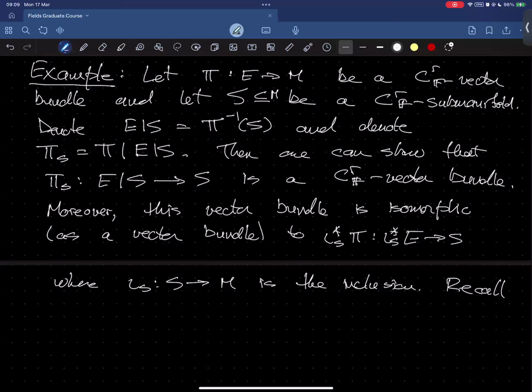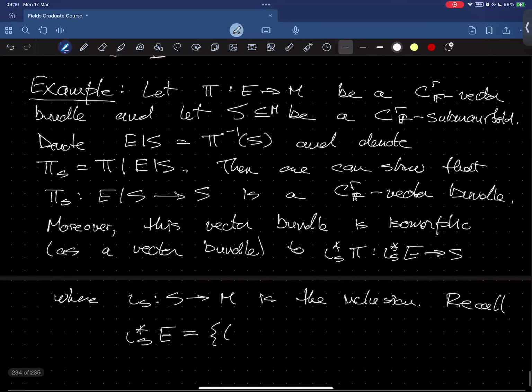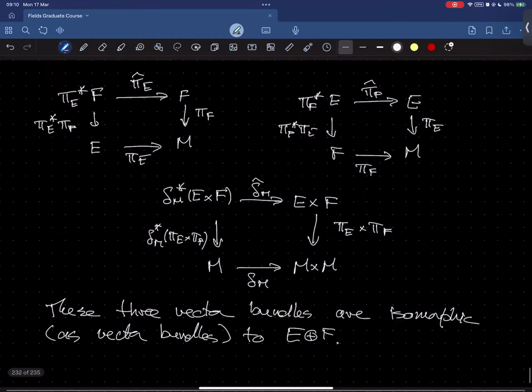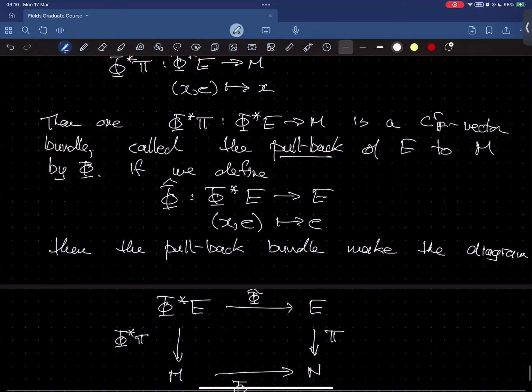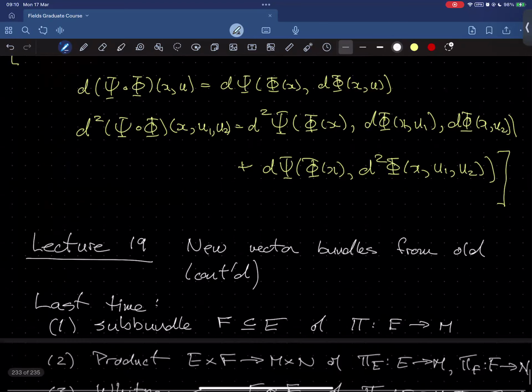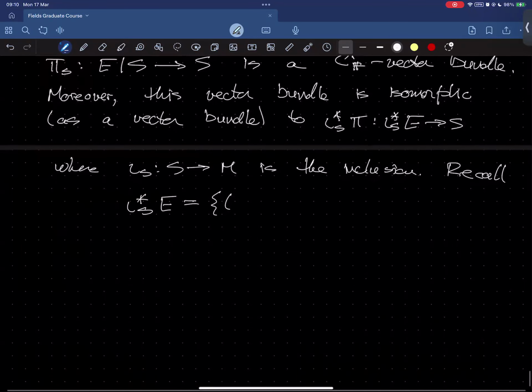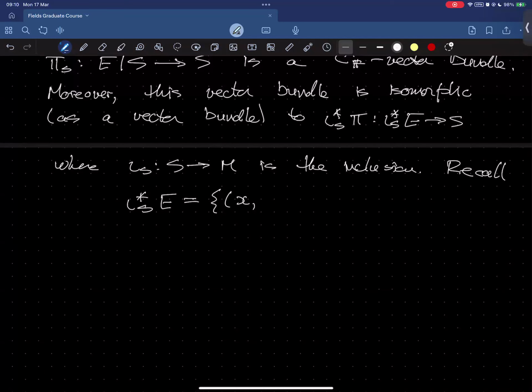Recall what the pullback is, iota star S E. The definition of this thing is that it is the set of points (x, e) in S cross E such that pi of e is equal to iota S of x.